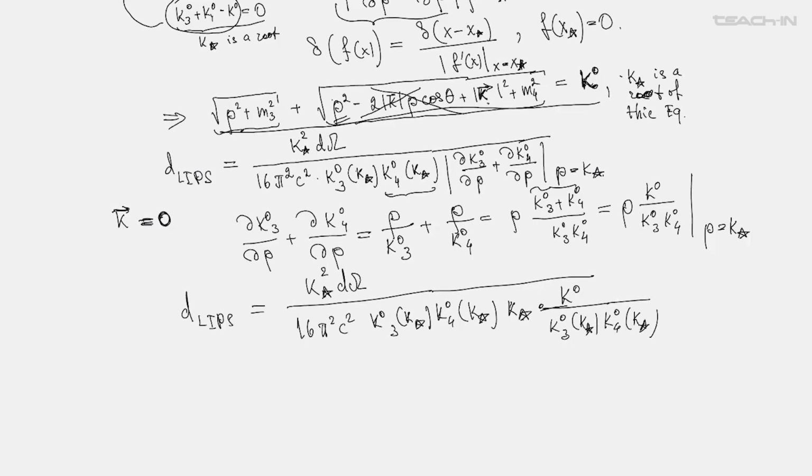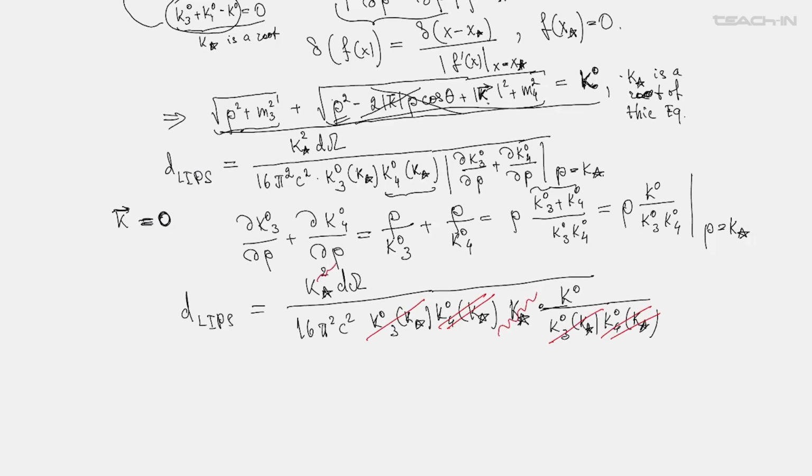And one power of k star also cancels out with one power in the numerator.